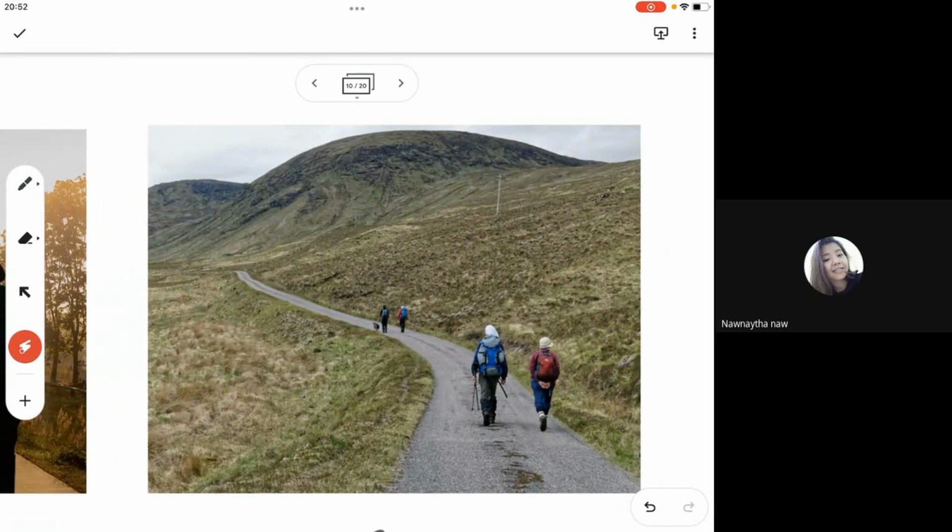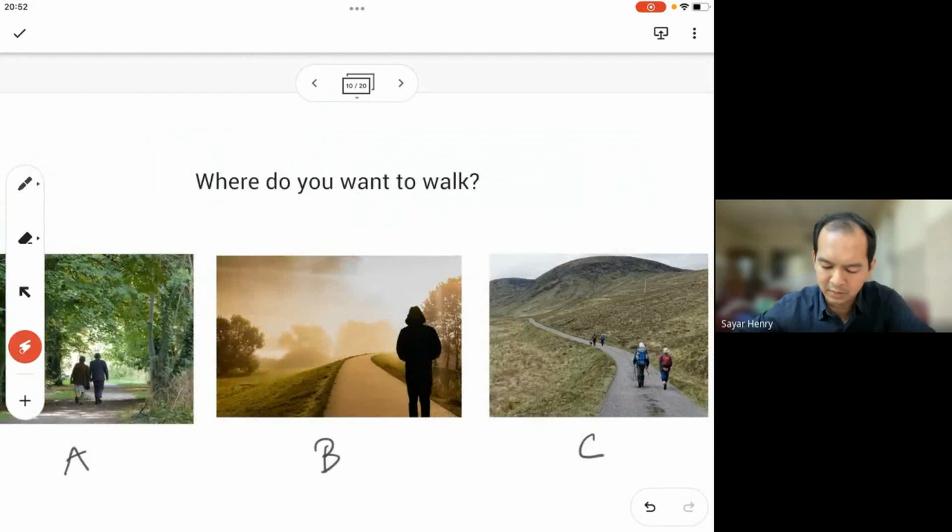If you are alone, it's a bit boring, but with friends, it's interesting. So I just choose this one because I have never been to this kind of place. It must be a new experience for you then. Okay. What about the other two?